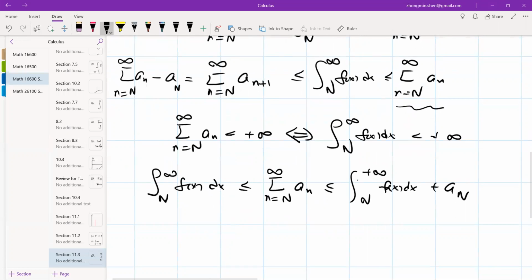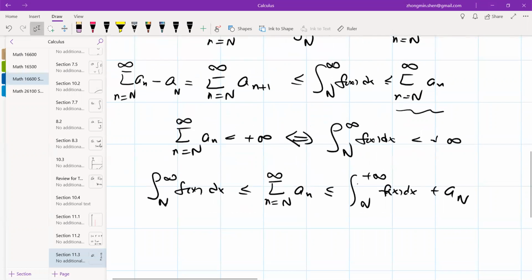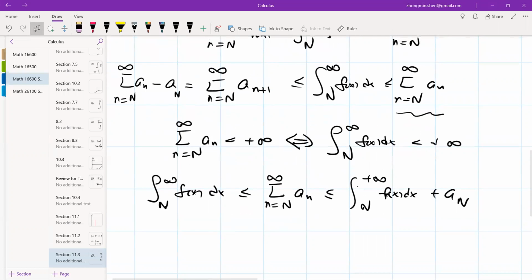It's between those two. If you just want to talk about convergence, then you don't need to worry about that. If you want to estimate the value, it's between those two bounds: the integral of the function, and also you need the first term.